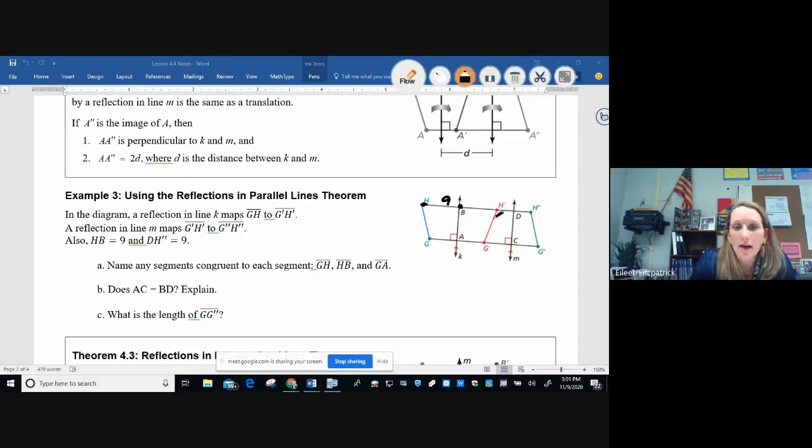that is 9. And the distance from D to H double prime is, oh, I did the wrong one, I'm sorry. Hold on, I was looking at the wrong one. Okay, so the distance from D to H double prime.